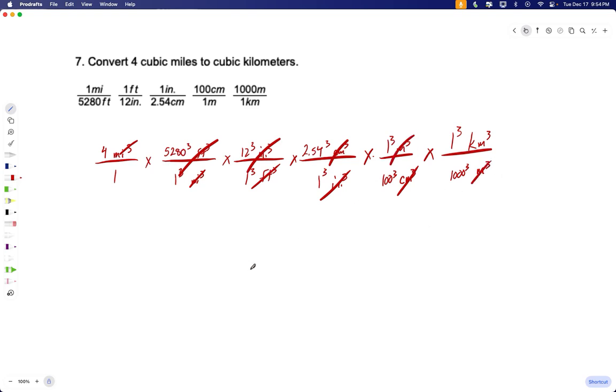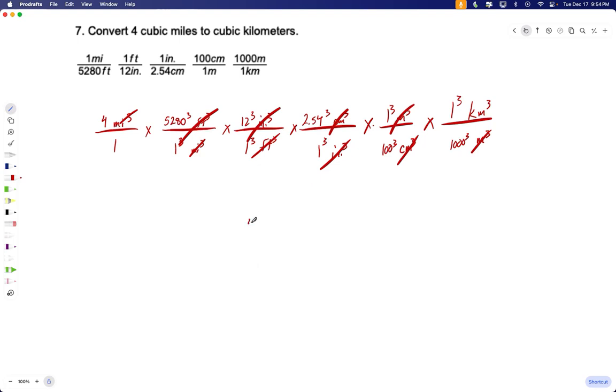So our answer is going to be 4 times 5280 cubed times 12 cubed times 2.54 cubed over 100 cubed times 1,000 cubed, and that is all cubic kilometers, kilometers cubed.